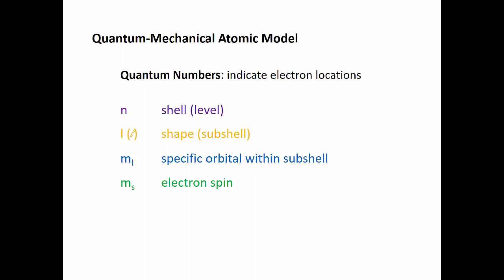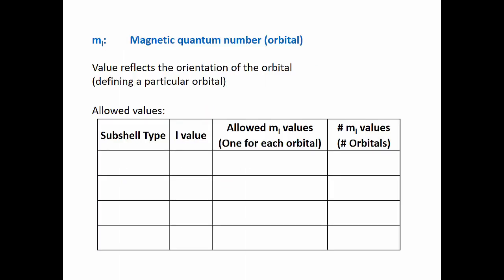And the last one, electron spin, which is M subscript S, defines which particular electron within the orbital we're talking about. So when we're talking about M subscript L, this is called the magnetic quantum number, and it's defining a particular orbital within each subshell that the electron is located in.